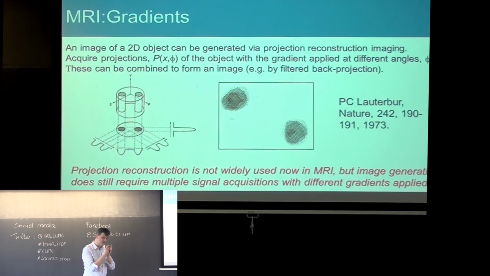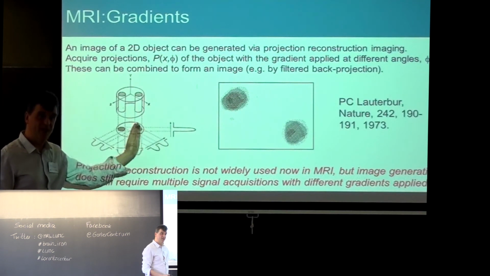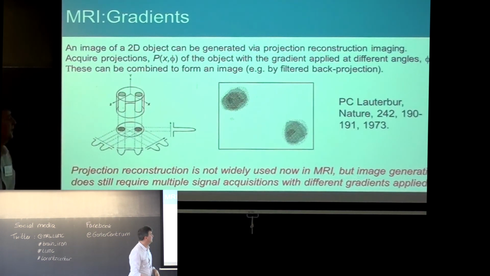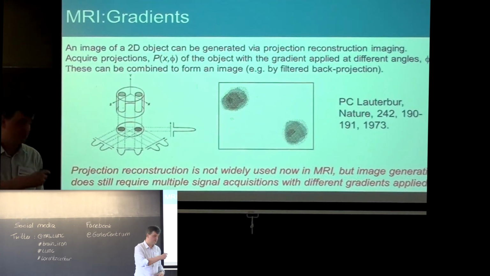You can't do it with just a single measurement, and you generally have to change the gradients that you apply in order to encode information in more than one spatial dimension. So in this case, he made multiple measurements with the gradient along different directions, so multiple signal acquisitions, different gradients.